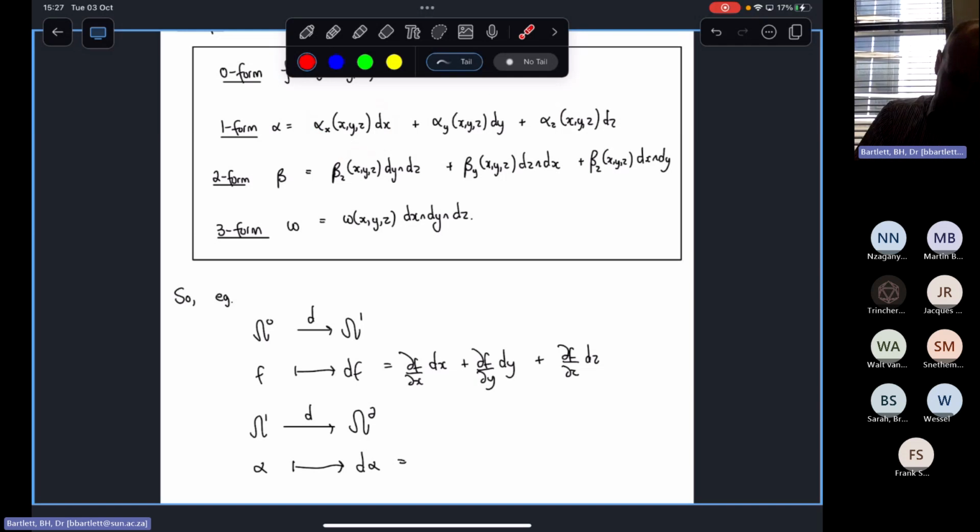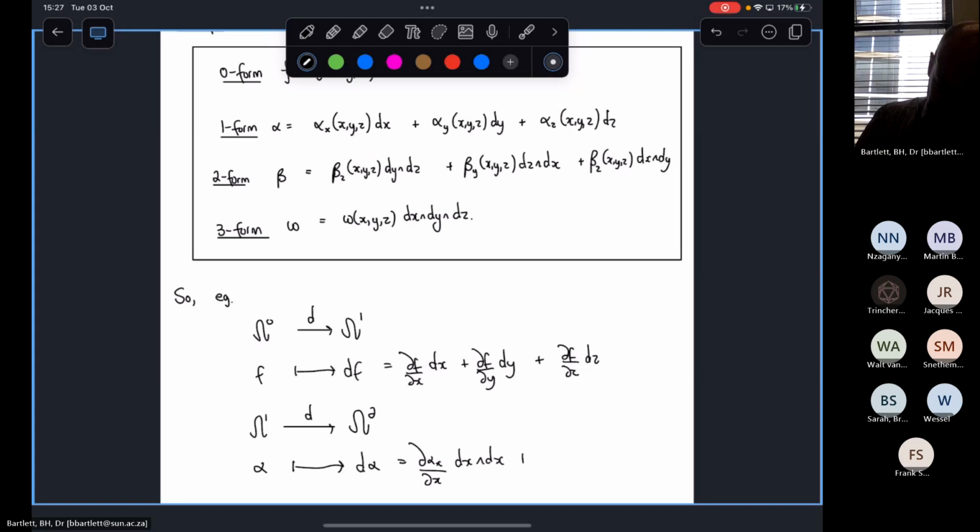So I've got to differentiate in the various directions. So I've got to differentiate this guy with respect to x, and then I've got to put a dx in front. So let's just do that slowly. Differentiate this thing with respect to x, and then I put a dx in front. Plus, differentiate him with respect to y, and I put a dy in front. Plus, differentiate him with respect to z, and I put a dz in front.